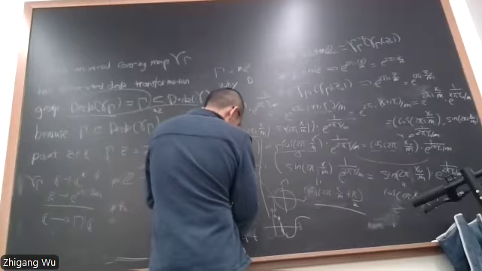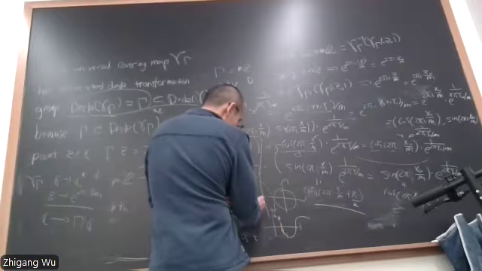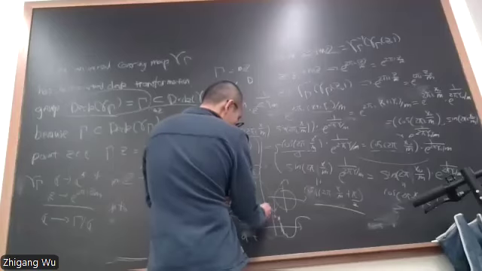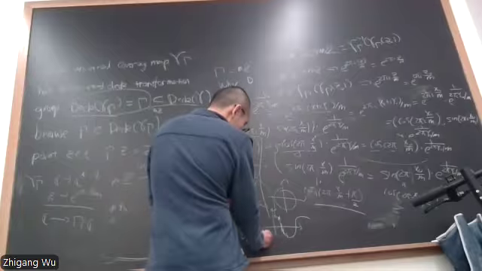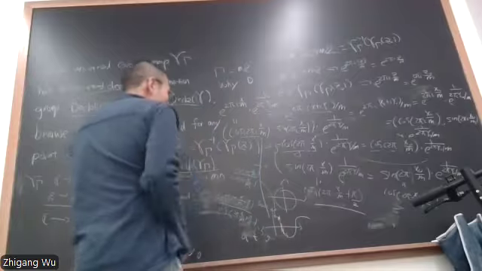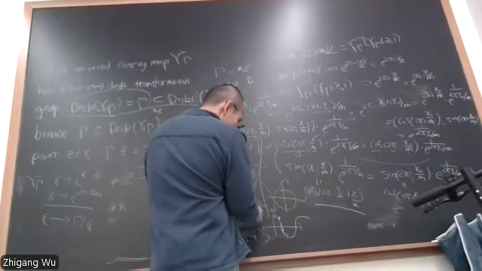But for the absolute value, this one will be small and this one will be big. Suppose that they are different, so this small is big.